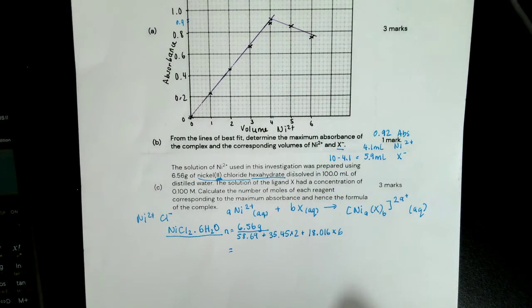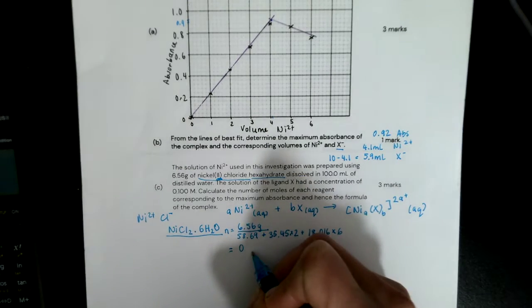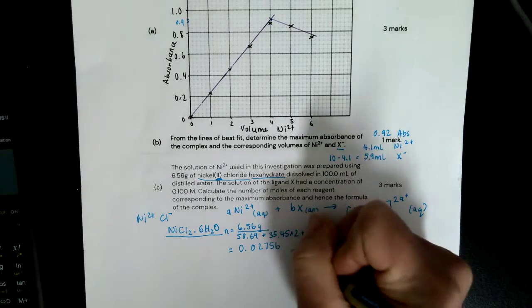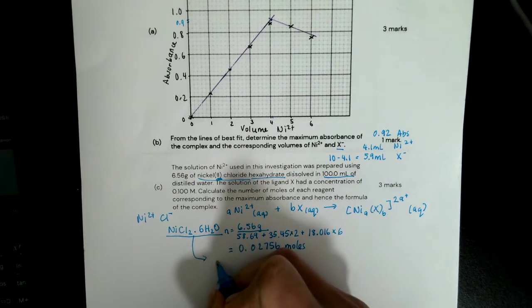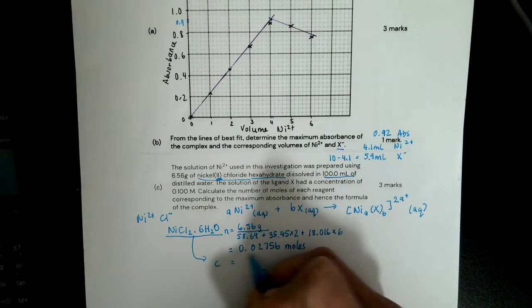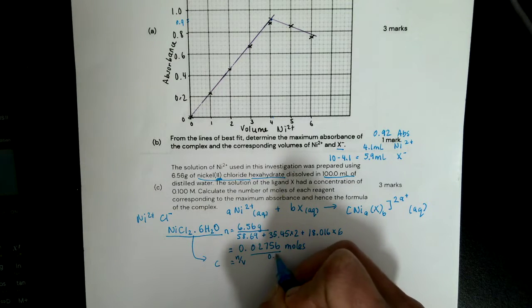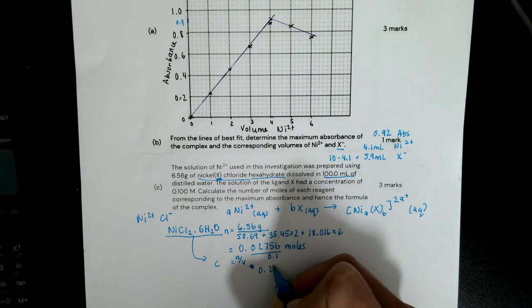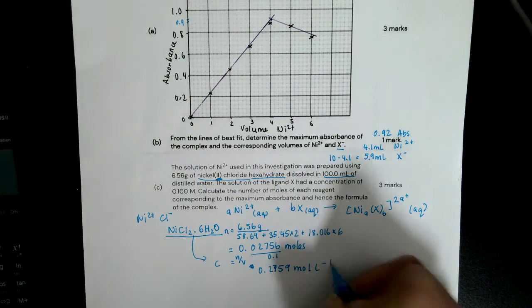So what we end up with is a mole value of 0.02756 moles. It was dissolved in 100 mLs, so to work out the concentration, concentration equals n over V, so we divide that by 0.1, which is going to give us 0.2759 moles per litre.